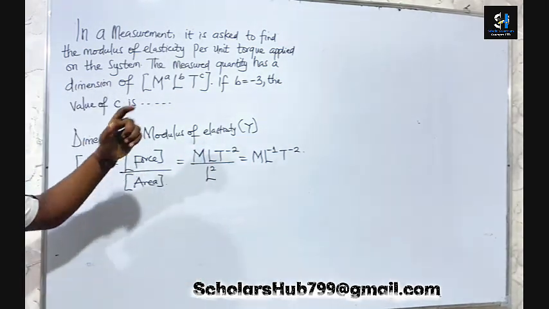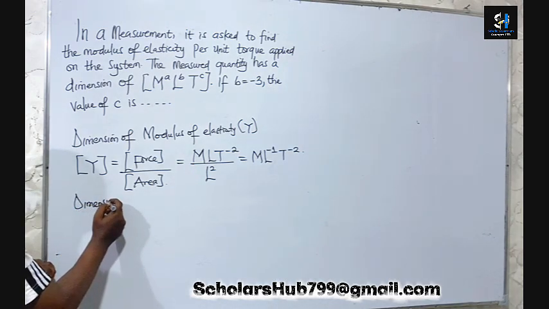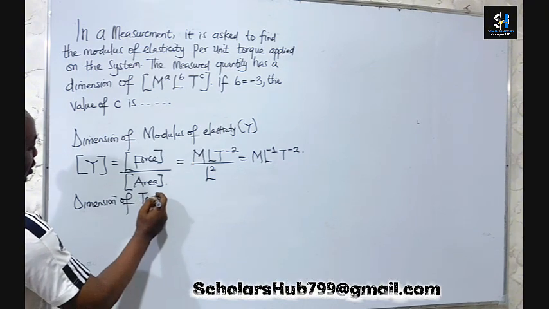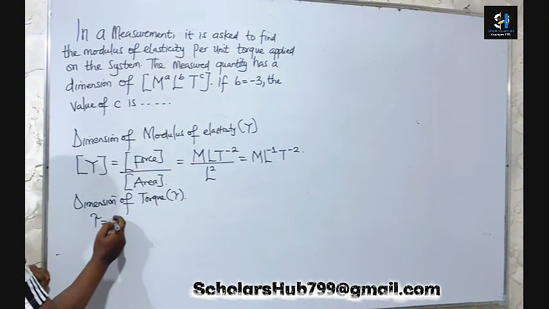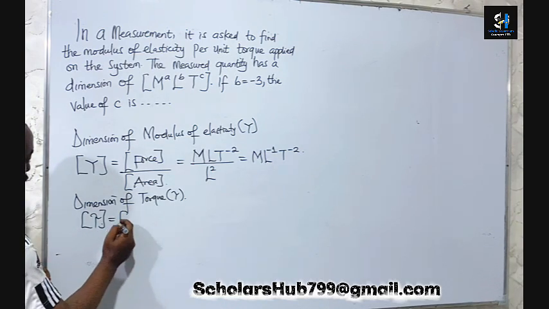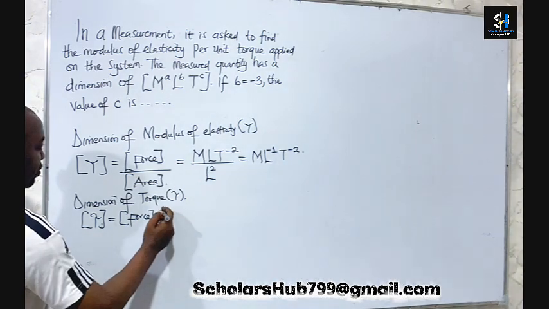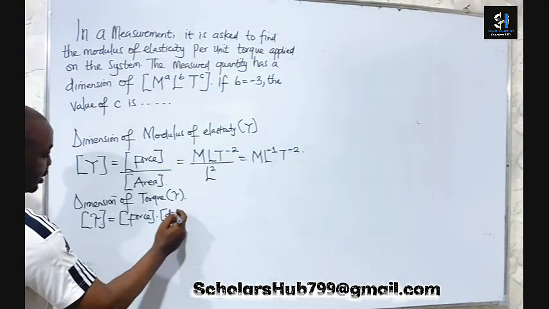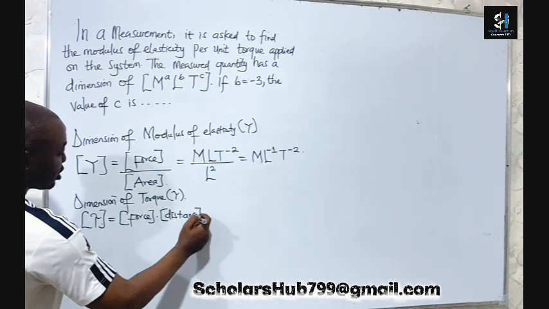Now for the dimension of torque, which is tau. The dimension of torque equals the dimension of force multiplied by the dimension of the arm of couple, that is, distance.